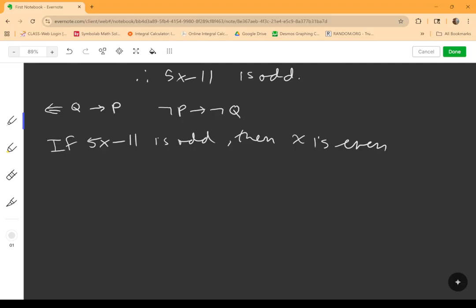So we'll start again. Here we start with the fact that 5x minus 11 is odd, so I can write that as 2k plus 1. This is our hypothesis, and we take that to be true.